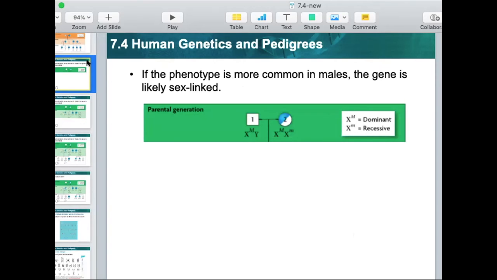So we're going to look now at a different kind of pedigree. This one is for a sex-linked trait. As I mentioned, if you see a phenotype that's more common in males, then the gene is likely to be sex-linked.